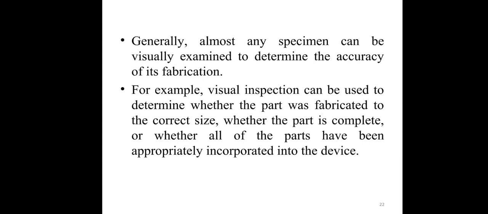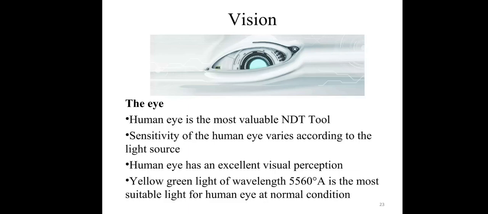Generally, almost any specimen can be visually examined to determine the accuracy of its fabrication. For example, visual inspection can be used to determine whether the part is fabricated to the correct size, whether the part is complete, or whether all of the parts have been appropriately incorporated into the device.